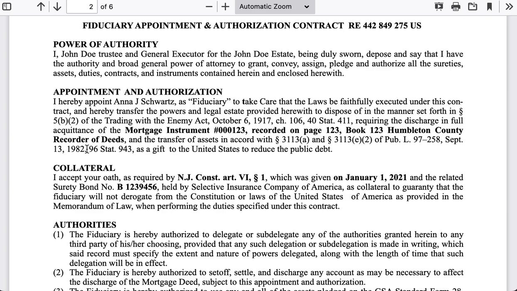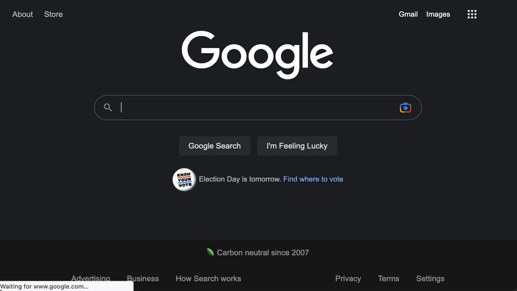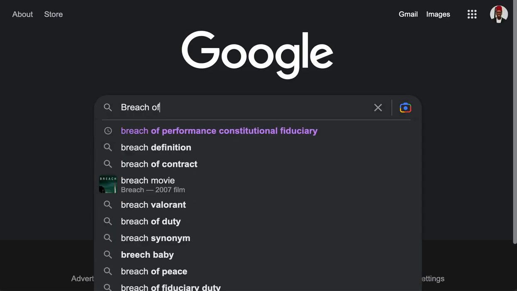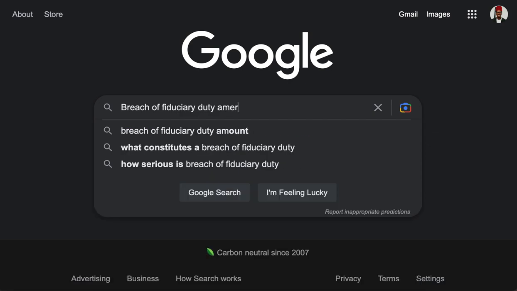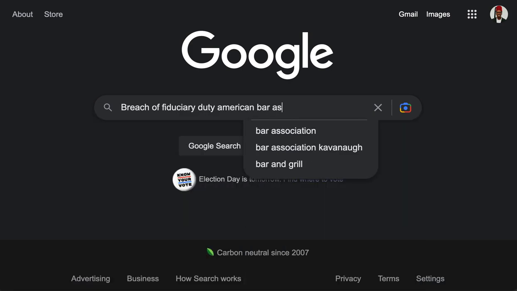However, this in part was perfected or made better by taking into consideration the breach of fiduciary document by the American Bar Association. Let's Google it real quick. So, breach of fiduciary duty, American Bar Association. So watch.